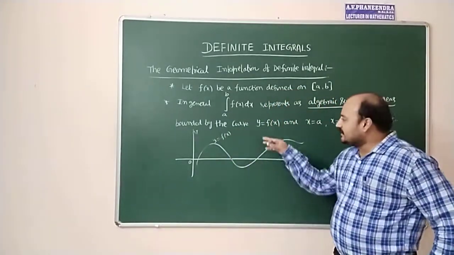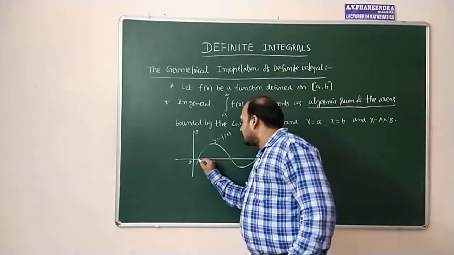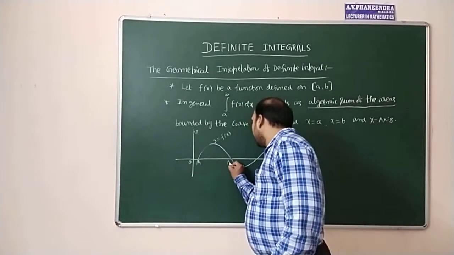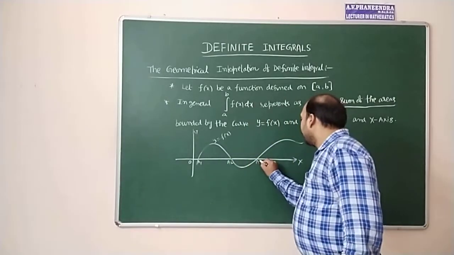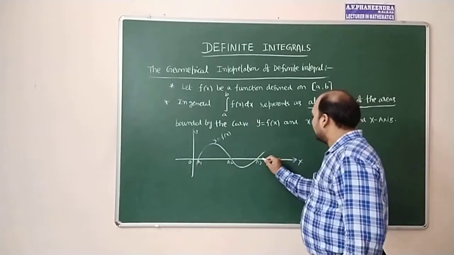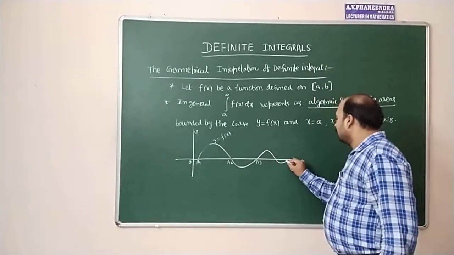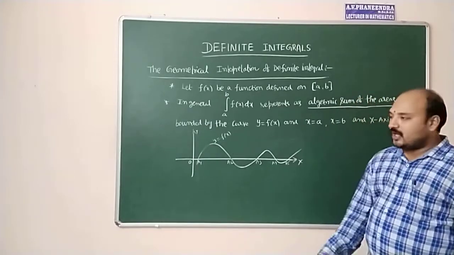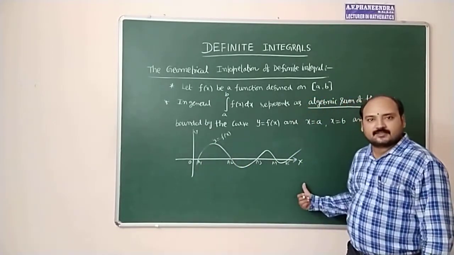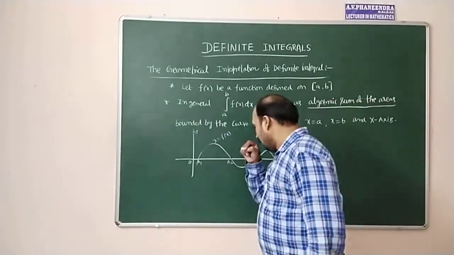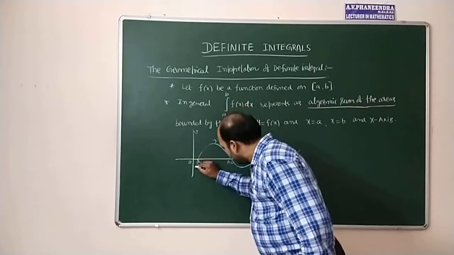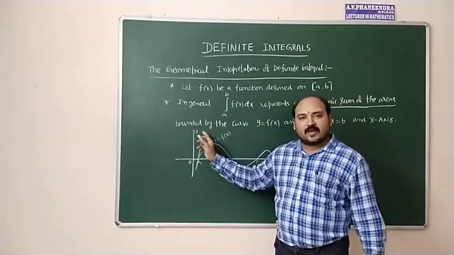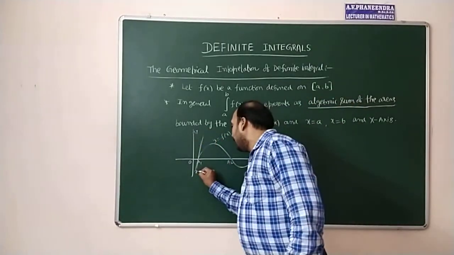This curve meets the x-axis at the points a1, a2, a3, a4 and a5. Now I am taking this line, which is parallel to the y-axis, so x is equal to small a.